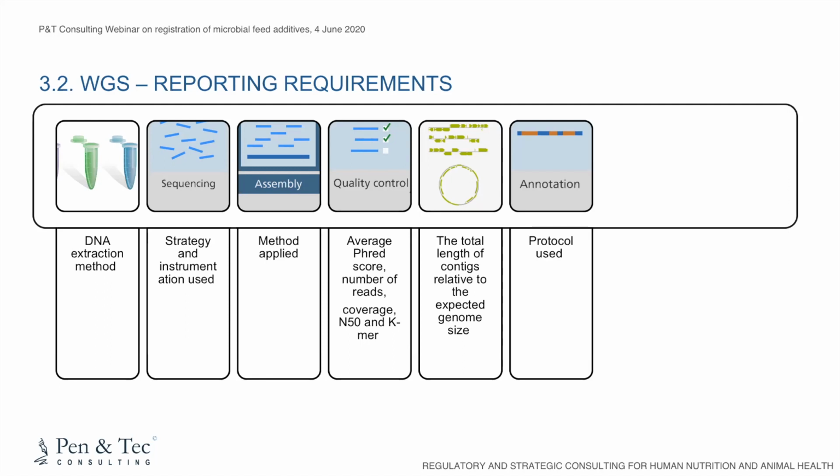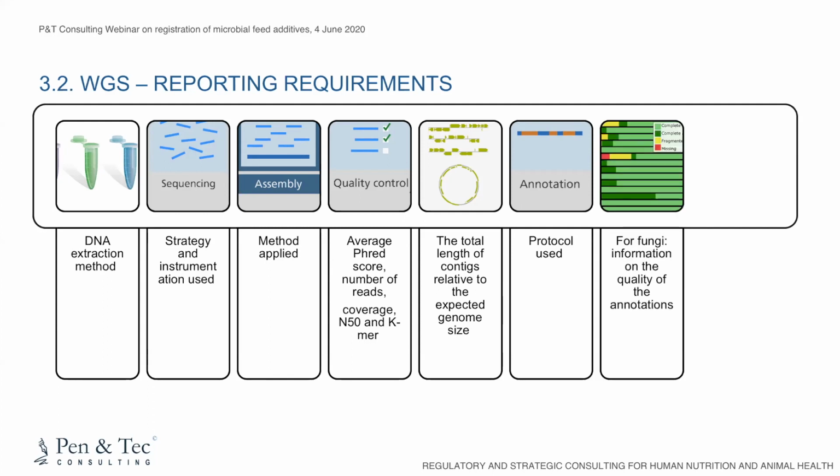In relation to the DNA annotation, this is a process of identifying the locations of the genes and of all of the coding regions in a genome and determining their function. If genome annotation is carried out, then the software name, the version, and the parameters used should be reported together with the number of genes and pseudogenes identified.